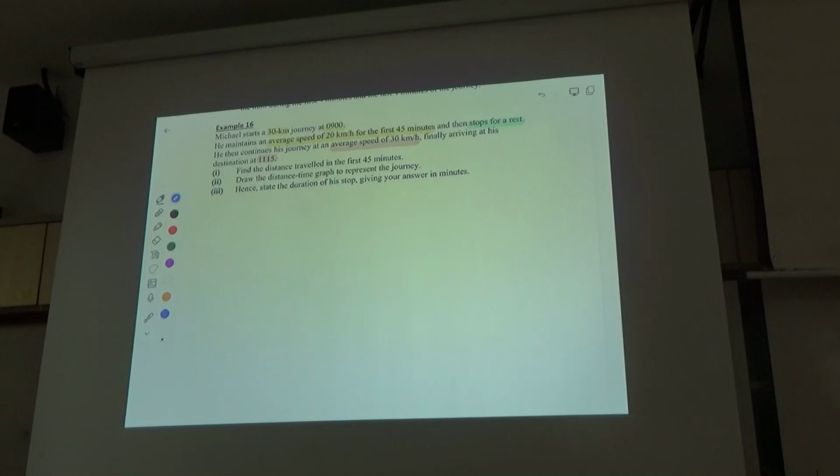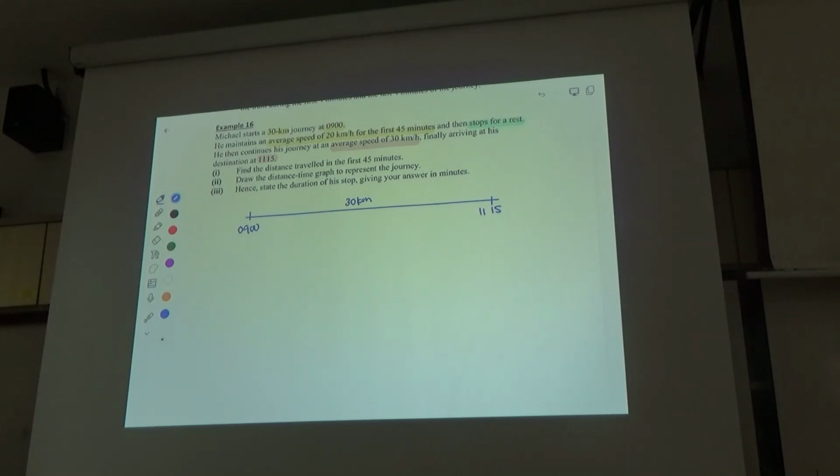I don't know about you, but typically when it comes to a speed question, I like to draw a diagram to represent the journey so that I have a visualization of what's happening. Okay? So, personally, I will draw maybe a timeline of some sort to represent the journey that is 30 km long. He started at 9 a.m., ended at 11:15 a.m. Okay? So in general, that is the information I have first.